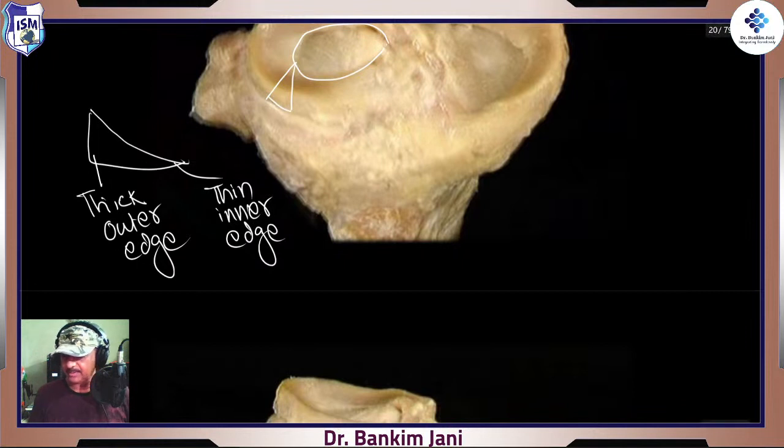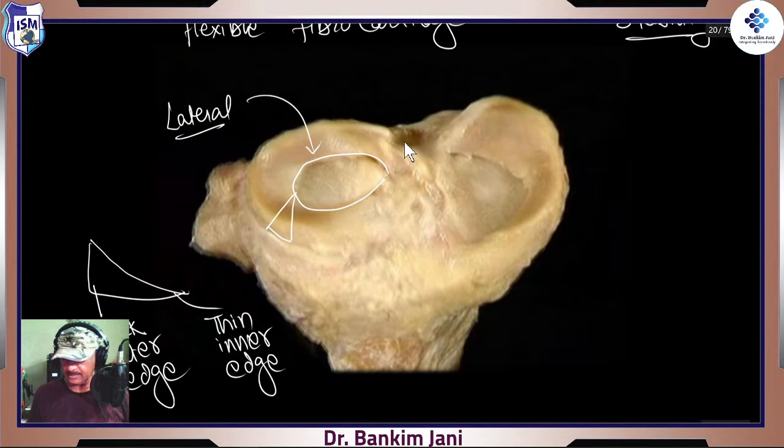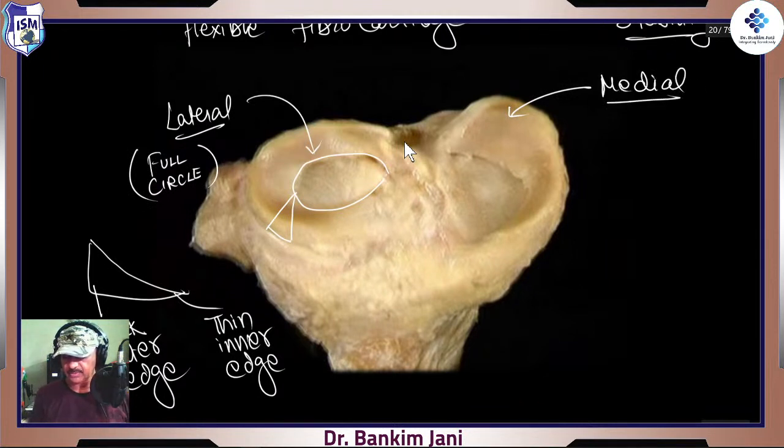And another interesting thing is that when you compare these menisci from both sides, this is lateral and it is like a full circle, right? This one, the medial meniscus, is almost C-shaped, right?